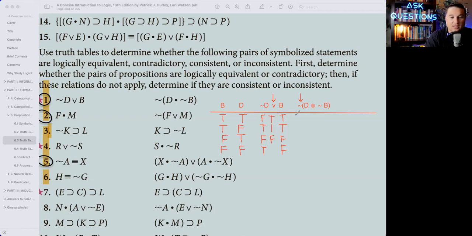And if it's a conjunction, which we have here, it's the virus of falseness. So you can circle this. You can erase these, the left and the right disjuncts, or just cross them out. But these are going to be true, true, and true because you have at least one T.